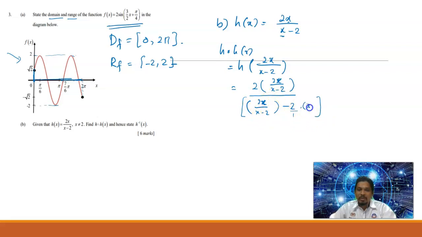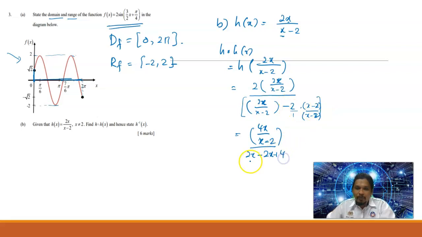So here we're going to multiply with x minus 2. So 2 times 2 equals 4x divided by x minus 2. Divided by, since we have successfully equalized the denominator x minus 2, then for the numerator, 2x, -2 times x is minus 2x, -2 times -2 equals positive 4. Divided by x minus 2.